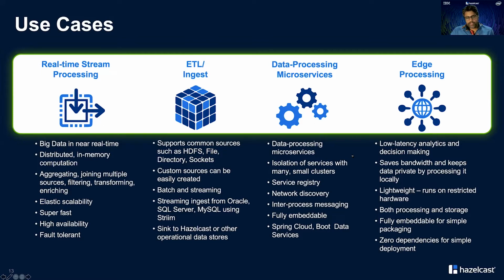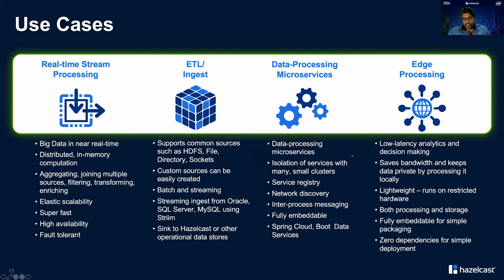Hazelcast is, as I said, a super lightweight technology to deploy and use. We're looking at a few tens of megabytes of jar file, which basically results in a few tens of megabytes of JVM memory when you start a Hazelcast instance. Then you can literally deploy Hazelcast on small edge devices.